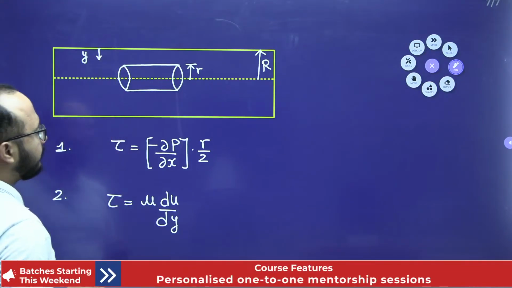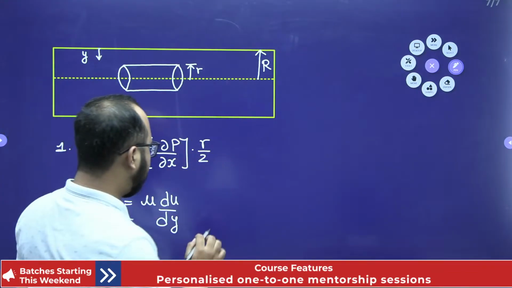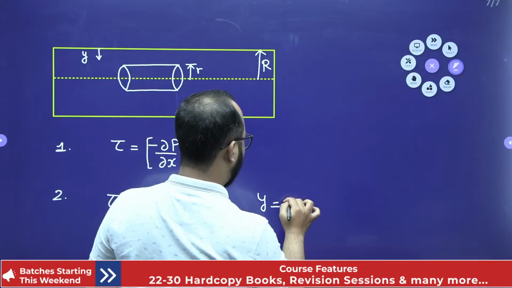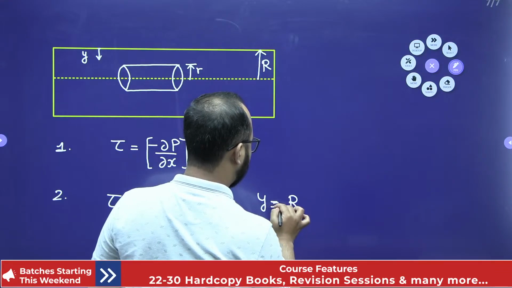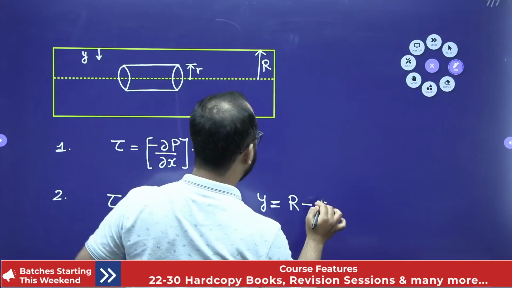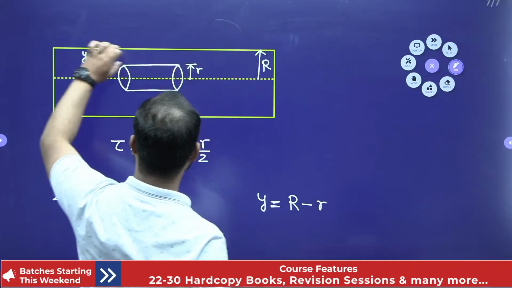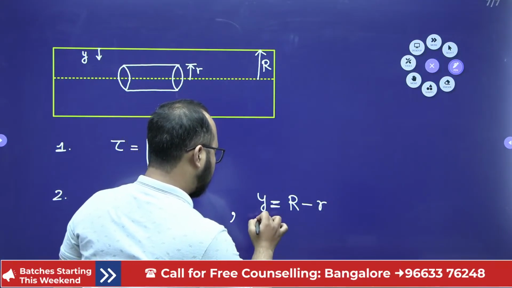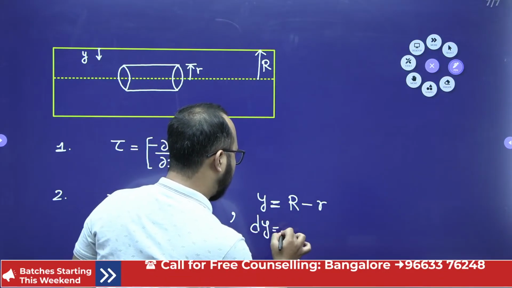I can easily write y equals capital R minus small r. From capital R, if I subtract small r, I get y, correct? Now if I differentiate this, what I get is dy equals minus dr.